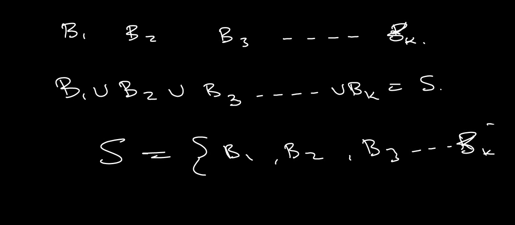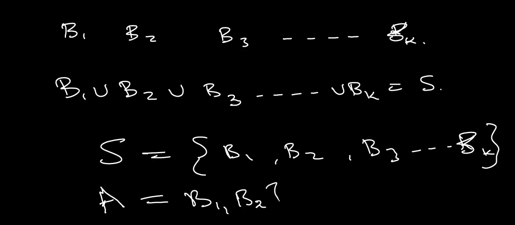These are subsets, though they are disjoint, and these are simple events. Now you can pick a bigger set. Let's say you pick set A, and set A is equal to B1 and B2, a combination, something that is a subset of S which is not a simple event.